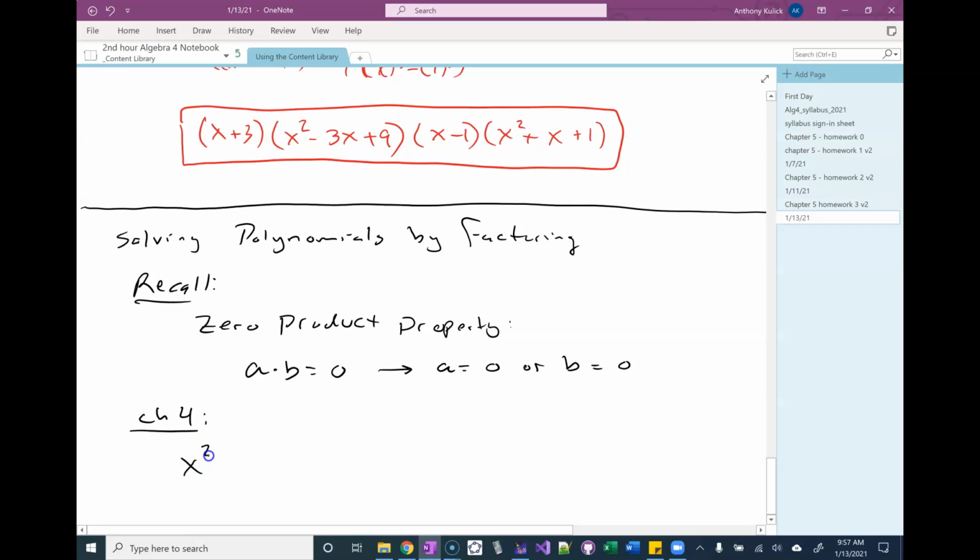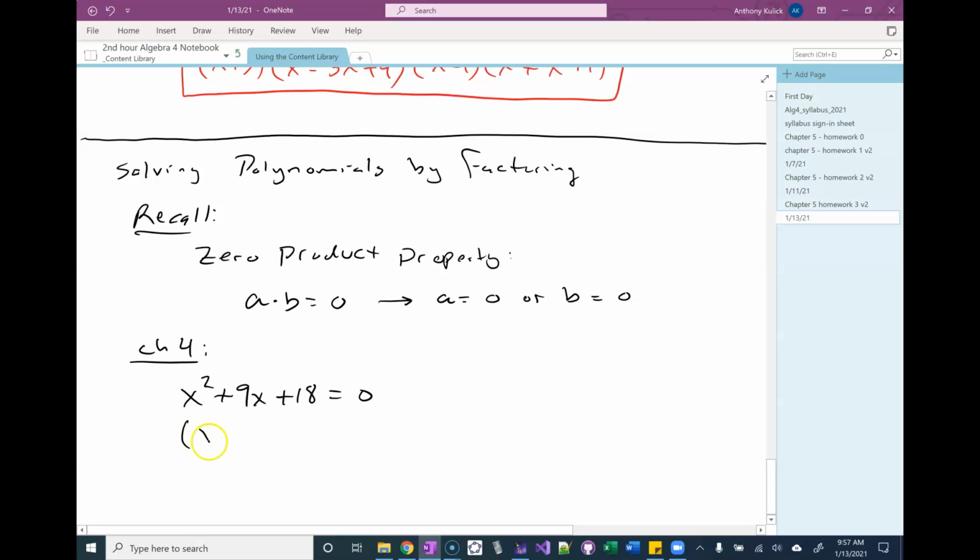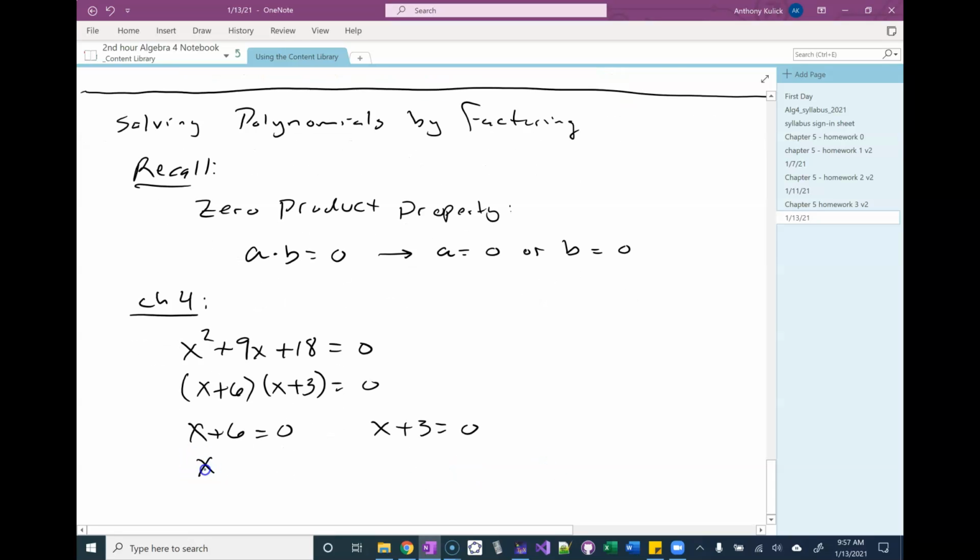So in chapter 4, we use this to solve things like x squared plus 9x plus 18 by first factoring and then setting each of those factors equal to 0, and then solving these factors separately.